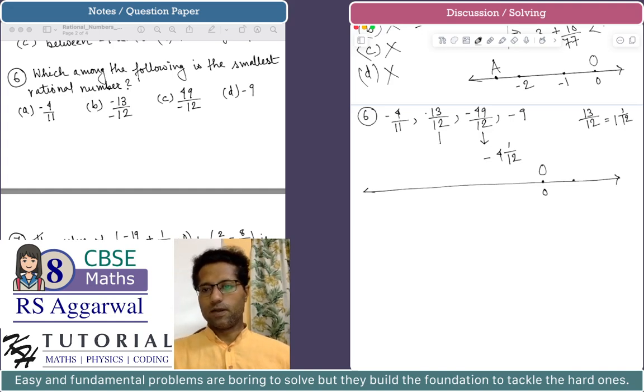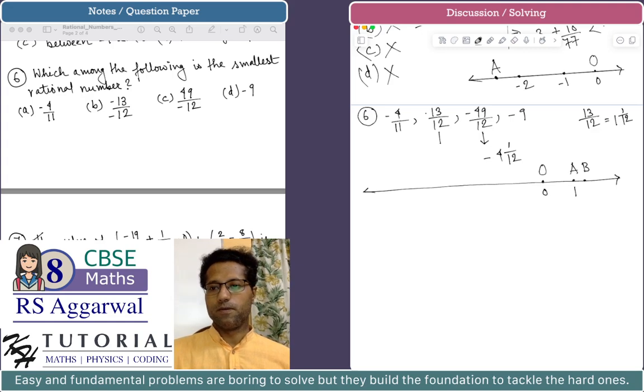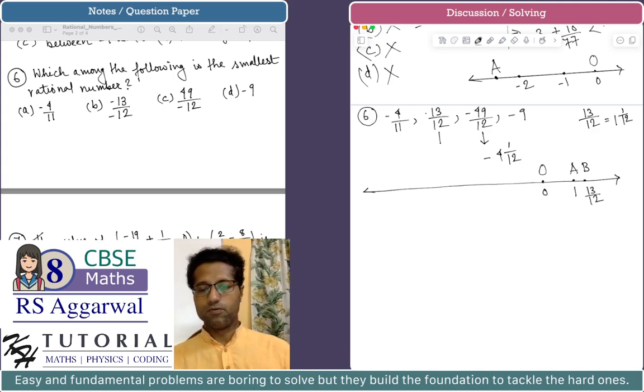So if the point A represents the integer 1, point B will be very near to A, but to the right hand side. So this will be 13 by 12. Anyway, we need not bother about the positive rational numbers. We have to see the position of the 3 negative rational numbers.